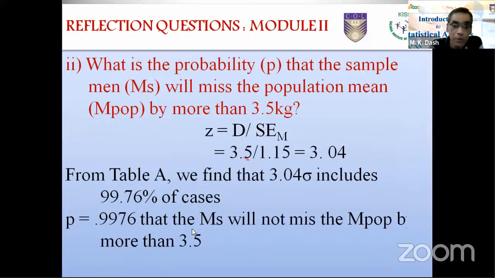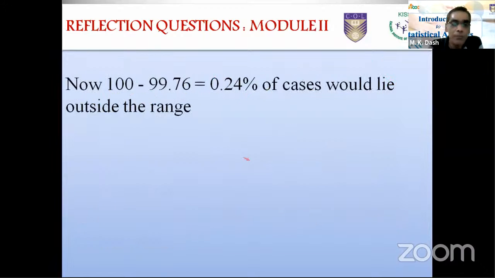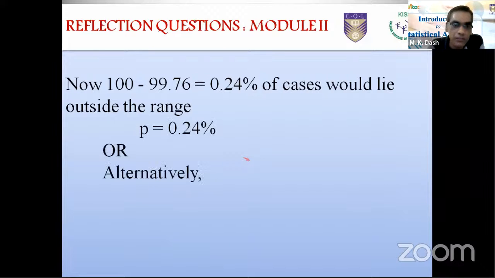But we have to find out will miss, so 100 minus 99.76. The range will be outside 99.76. Total area is 100%, so 100 minus 99.76 gives 0.24% of cases lying outside the range. So our probability is 0.24%.